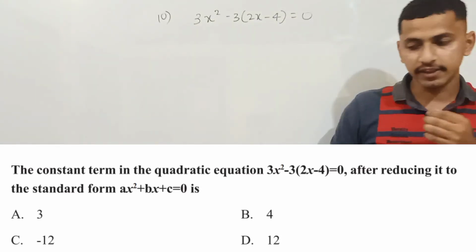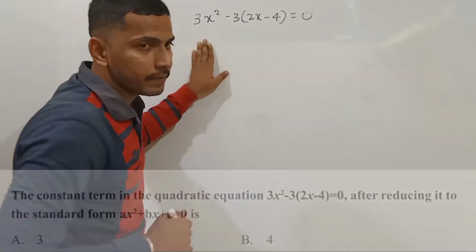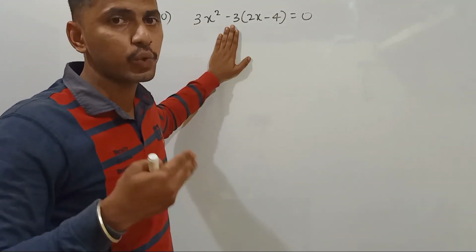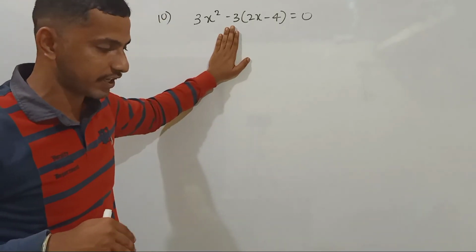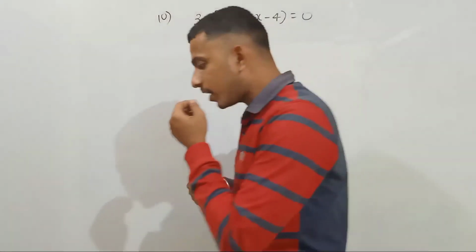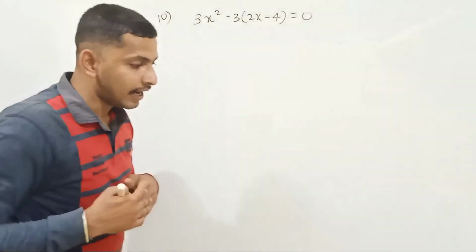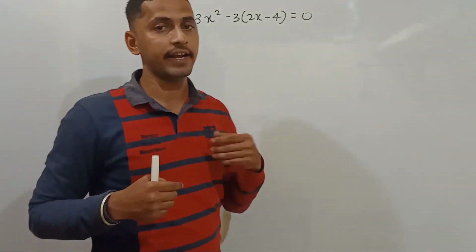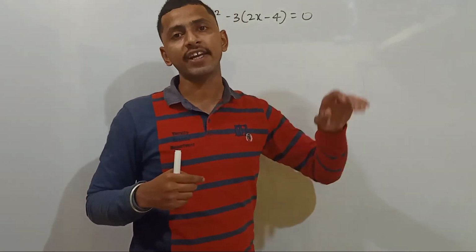We are given one equation, and we have to reduce it to the standard form of a quadratic equation. Sometimes they ask direct questions, that is, they ask us to write the standard form of the quadratic equation itself.